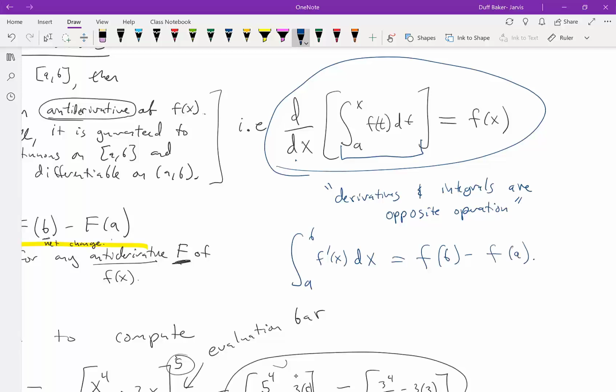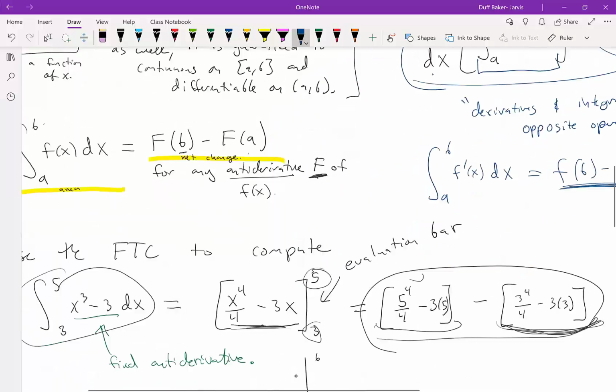But you pay the price because you have this subtraction of the antiderivative. But anyway, that's a side point. Let's concentrate on this part up here, that the derivative of this integral, they cancel out and you just end up here.